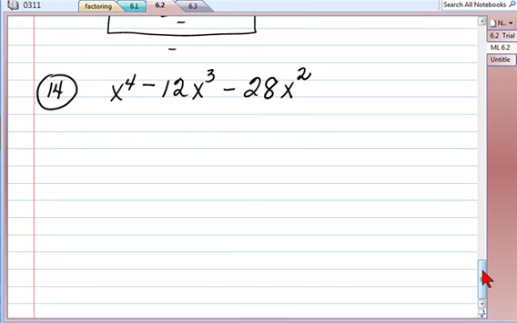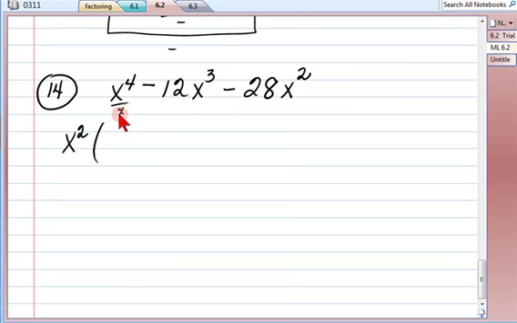What is the first question? Is there a common factor? Yes, x is in all of those. What power of x can I take out? X to the 2nd. You take the low power out. So x to the 2nd is my common factor.